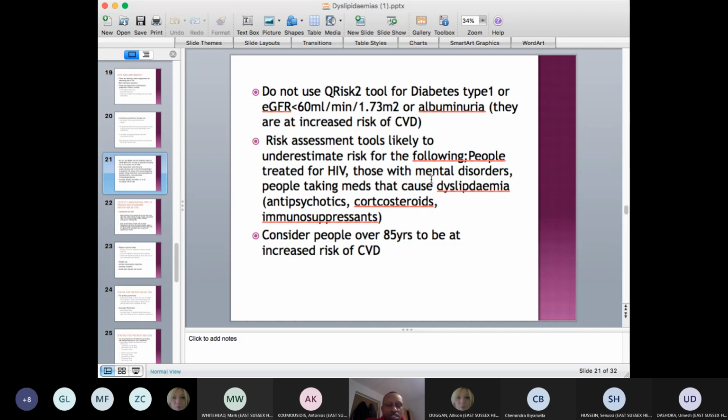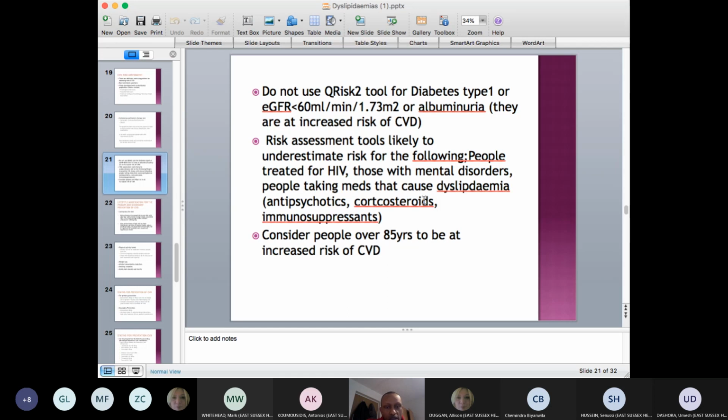The tools are also likely to underestimate the risk for people who are being treated for HIV and those with mental disorders, because their diet may vary from ours, and the medications they use may also cause dyslipidemia and put them at increased risk.